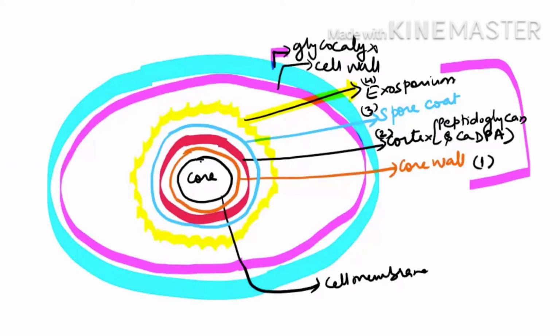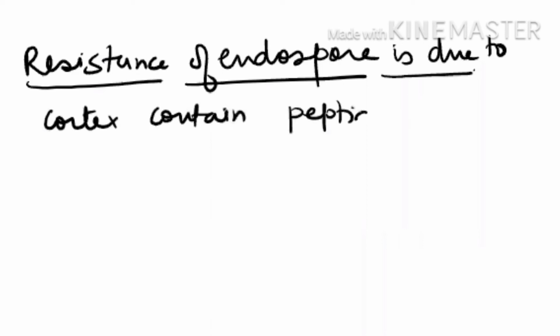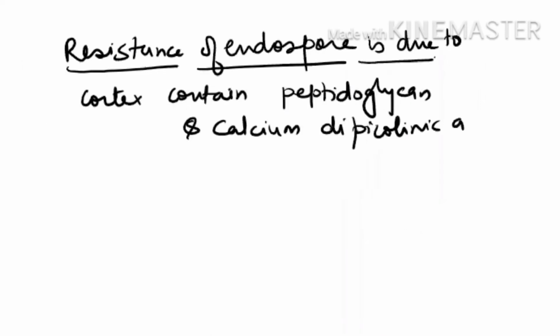Now in this endospore formation, the cortex layer is very important, because the cortex layer contains peptidoglycan and calcium dipicolinic acid. And this chemical is very important because it will prevent the bacterial endospore from being harmed even by pasteurization.